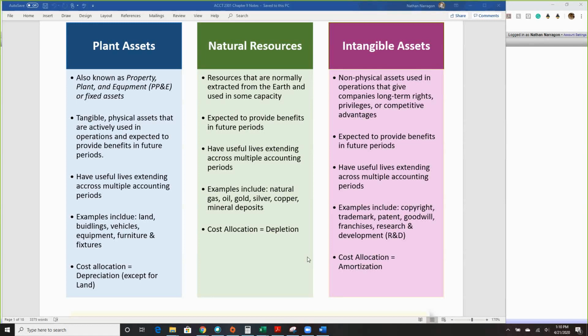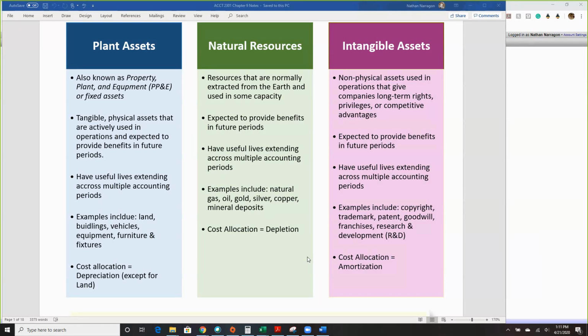The way we handle these is that we basically allocate by what is called depletion. It's just a different version of depreciation, different term. But natural resources will only have depletion going on. We basically deplete the mine or deplete the reserve. That's why we call it depletion.